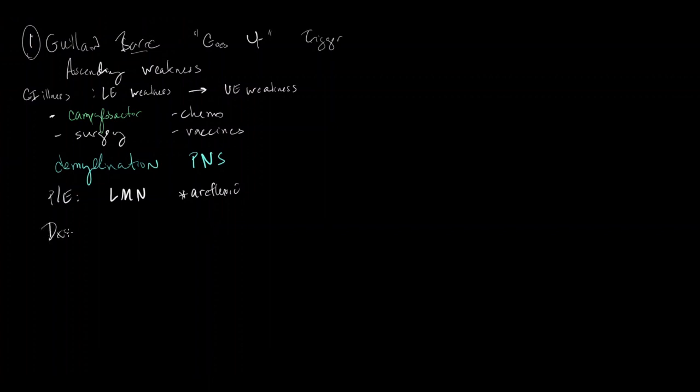The diagnosis of this is mainly clinical, but like multiple sclerosis, you can get a CSF analysis, and you will find a distinctive finding on this. So if you look at a CSF analysis, usually they will have a white blood cell count, a protein count, a glucose count, and some sort of band.